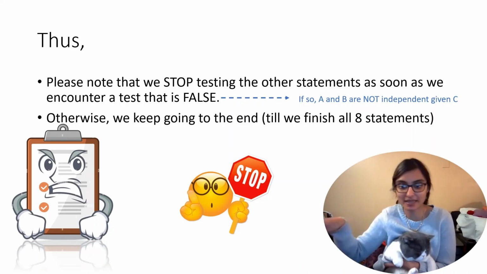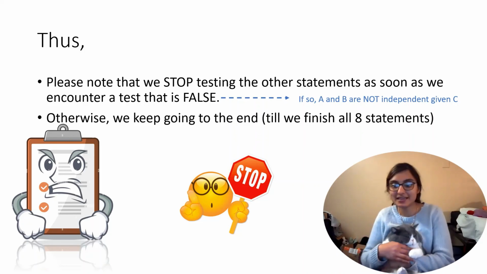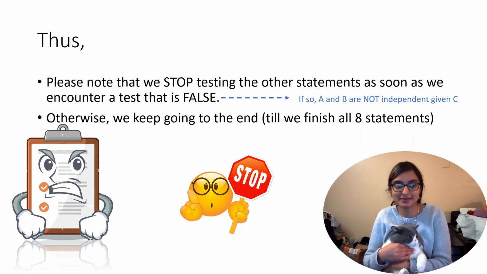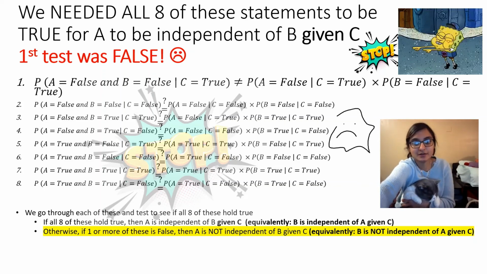And if along the way any of them fails, you're done and you can say that A and B are not independent given C. But if all 8 pass, then you can say that A and B are independent given C. We needed all 8 of these statements to be true for A to be independent of B given C, the same thing as B being independent of A given C. We still haven't done the other 7, but we found from the first one that this did not work out.